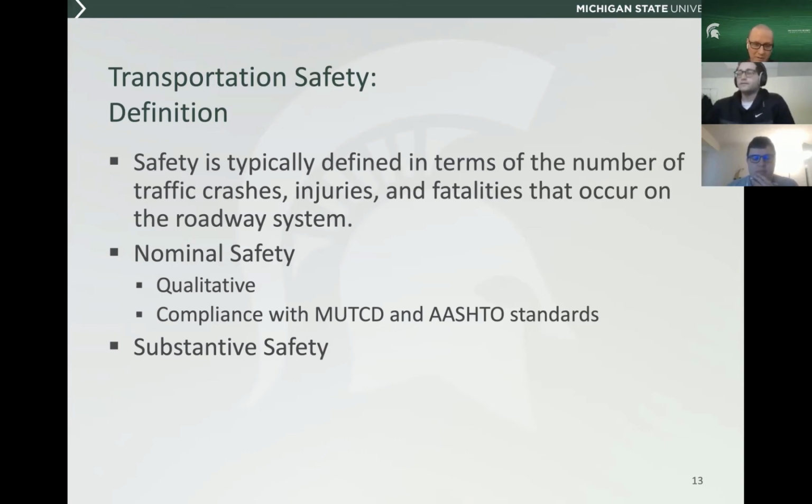That's really been an implicit part of the design process for 100 years now, really at this point. But it's really only been over the last, I'd say, 25 to 30 years, particularly, where there's been more of a push for what we refer to as substantive safety. So more of a quantitative, you can use the term data-driven approach to traffic safety.